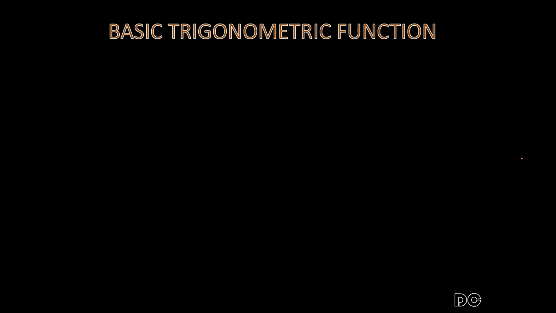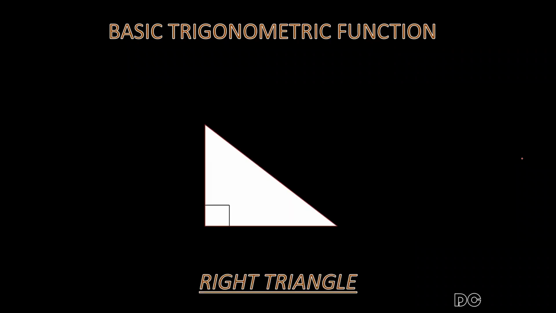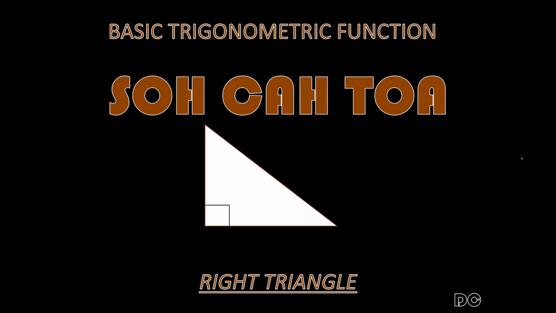So to recap, the basic trigonometric functions are only applicable to a right triangle. Take note, only applicable to a right triangle. And what are these basic trigonometric functions? Then we have the SOHCAHTOA. So SOHCAHTOA, sine means opposite over hypotenuse, cosine is adjacent over hypotenuse, and tangent is opposite over adjacent.